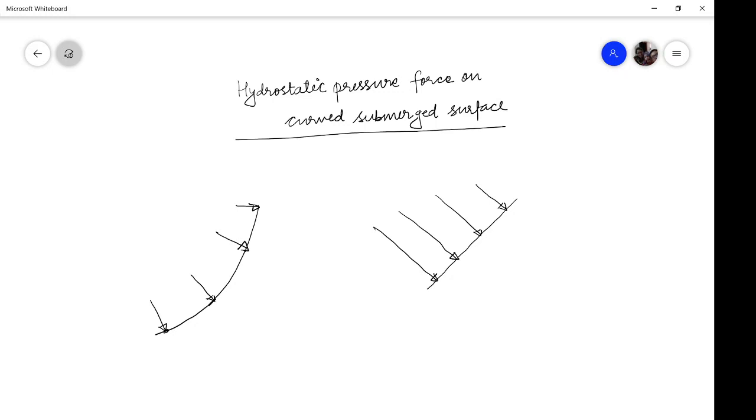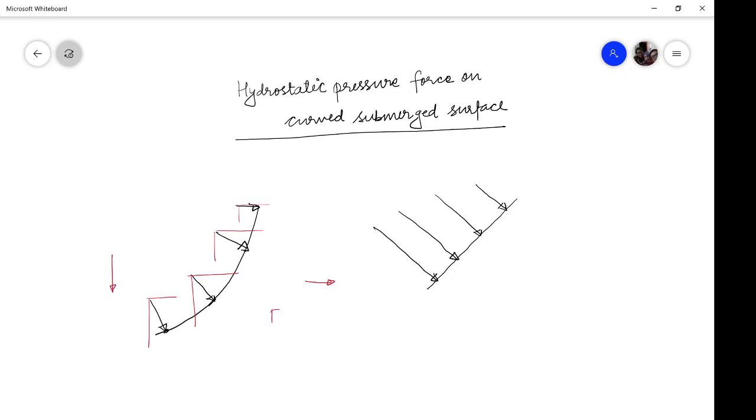The strategy is to resolve all the forces into components and add the components. Let us say this is the x direction, so add all the components in the x direction, then add all the components in the y direction.